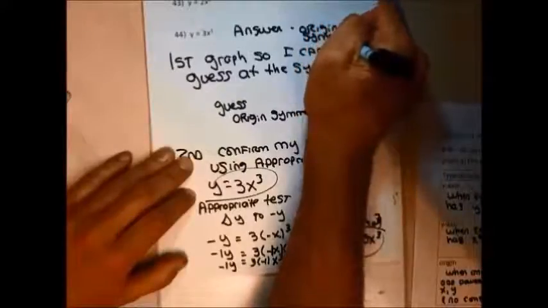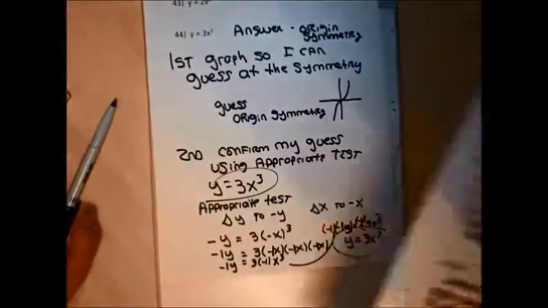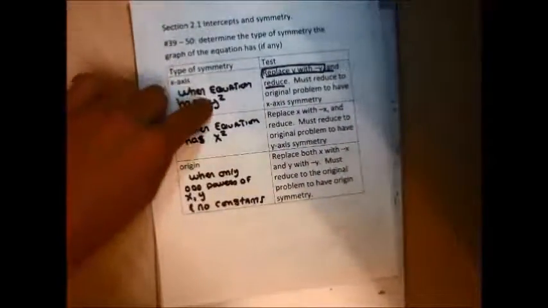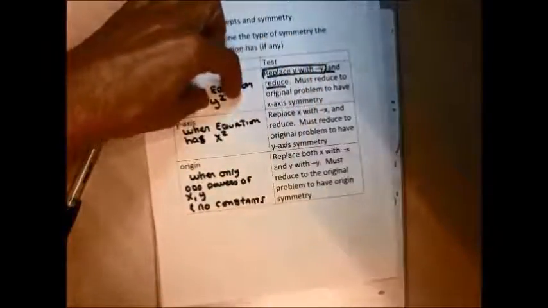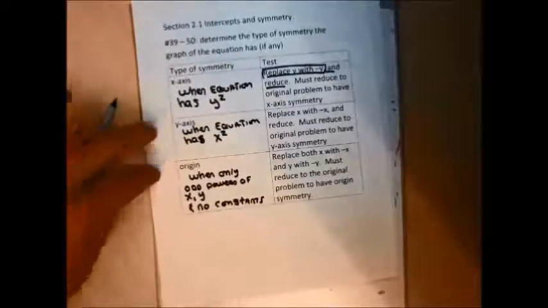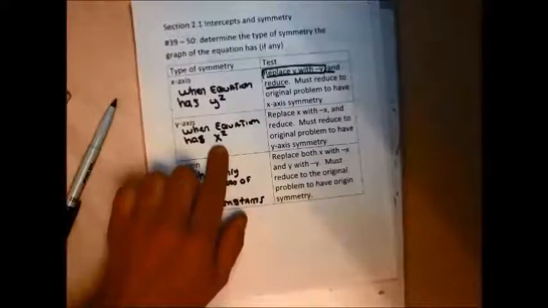So there's 3 different tests for symmetry. The test for symmetry to the x-axis, generally there's a y squared, and it's really easy to change the y to negative y, and when you have a negative squared, it turns into the positive squared. Similarly, the test for the y-axis is really easy too, because you're just changing a squared term to a negative squared term, and the negative just kind of works itself away.